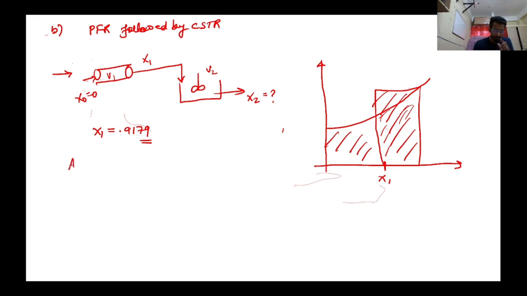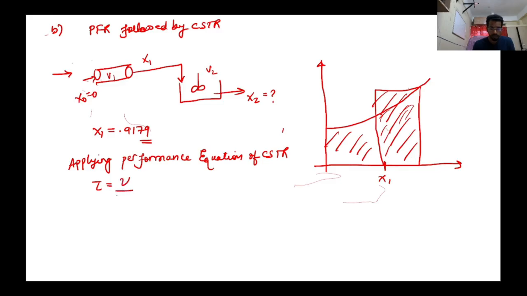Now applying the performance equation of CSTR: tau is equal to V by V naught is equal to CA naught XA upon minus RA, with XA minus X naught.